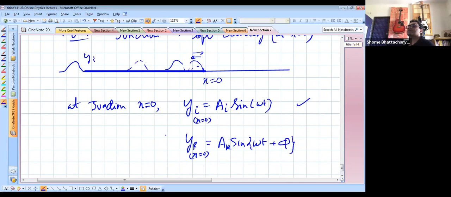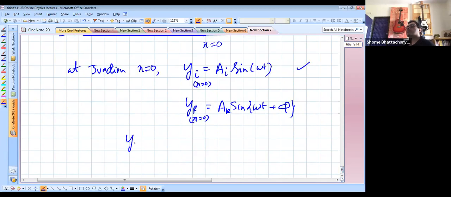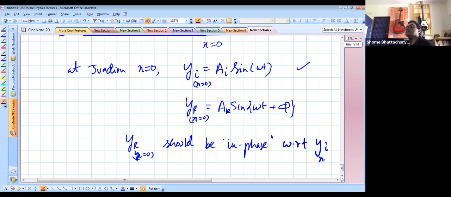Now what should happen? This and this should be in phase. So y reflected at x equal to 0 should be in phase with respect to y incident at x equal to 0.